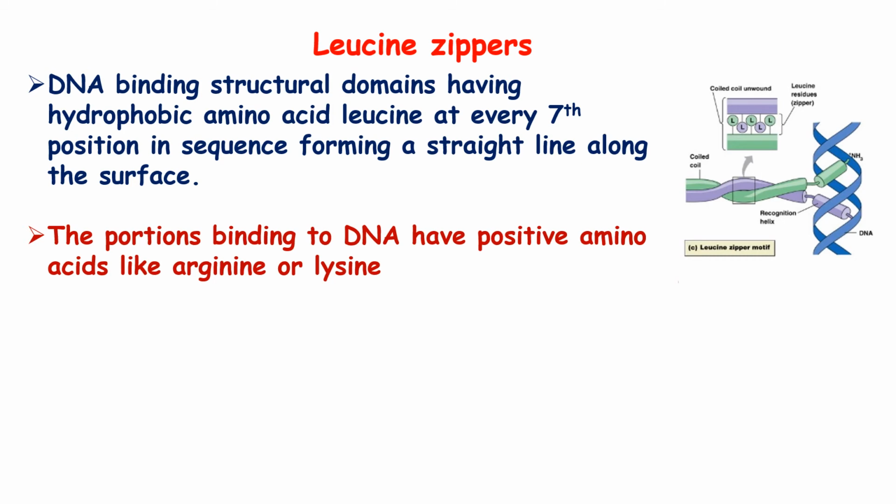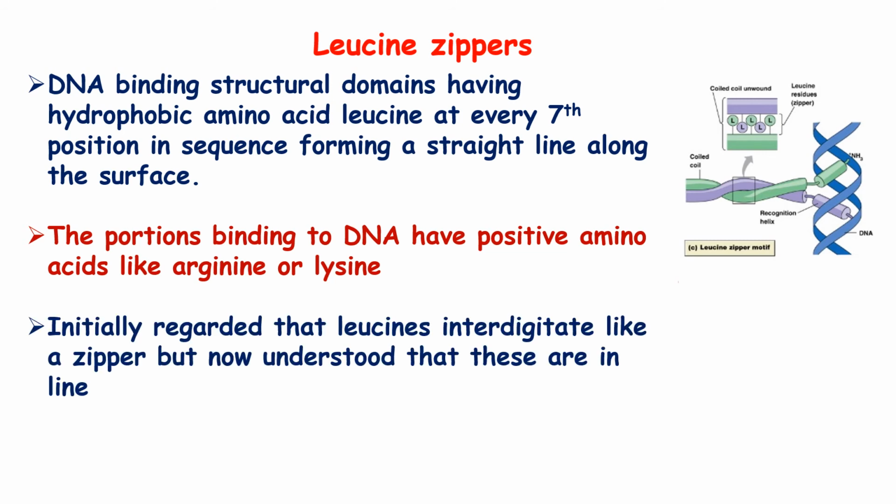Again, leucine is a hydrophobic amino acid. It cannot interact with the DNA. So the portion which binds to DNA has to have a basic amino acid, being either arginine or lysine.